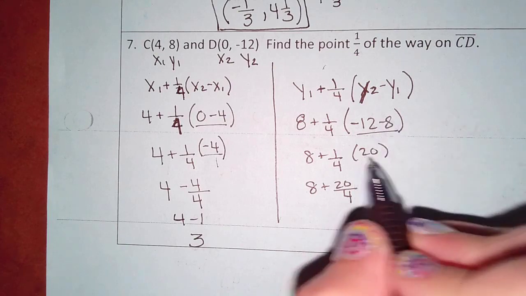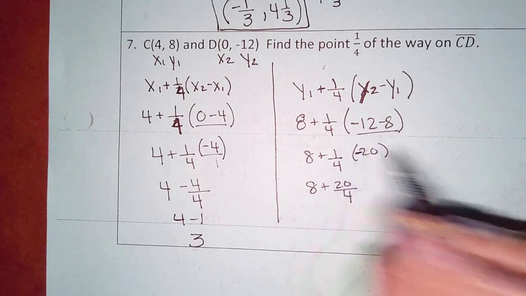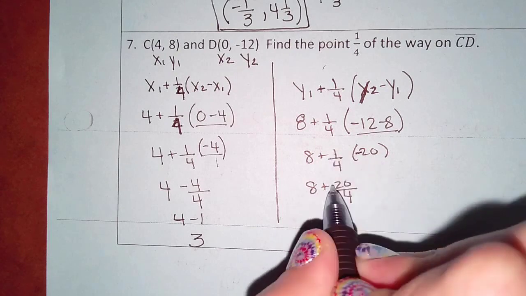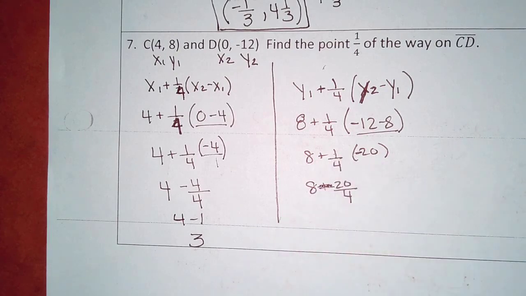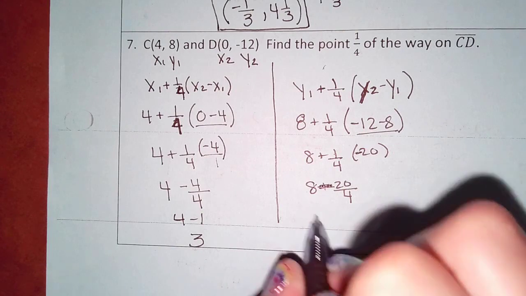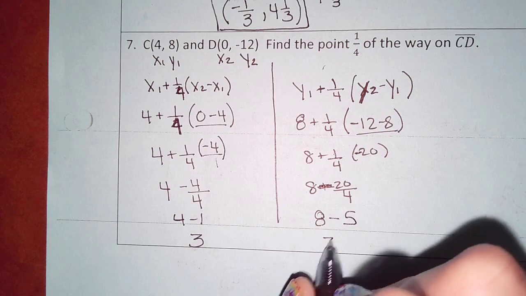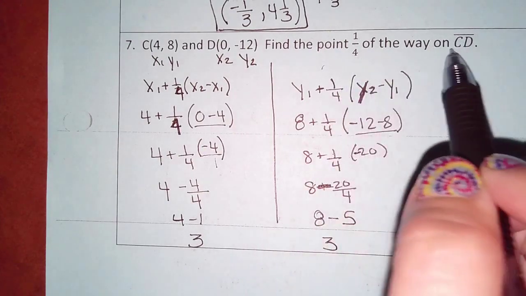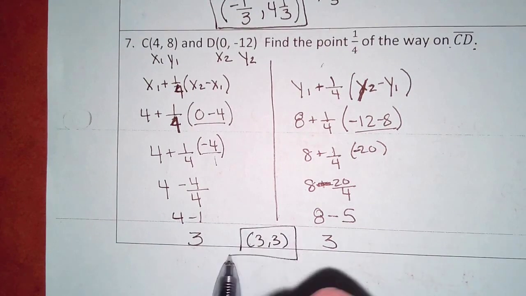Actually, pause. -12 minus 8 is -20, which creates this to be 1 times -20, so we have a minus there. So 8 minus 5. 8 minus 5 is 3. The ordered pair that is 1/4 of the way from C to D is 3, 3. Always check those negative signs.